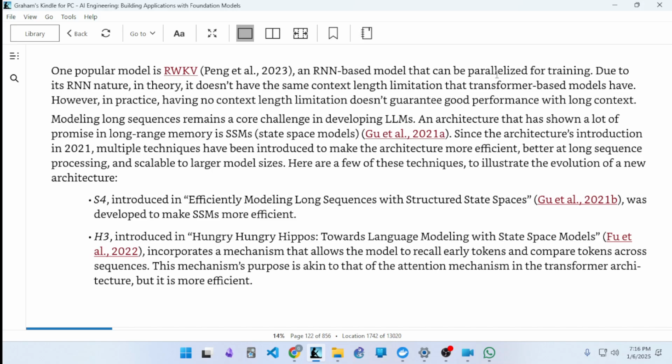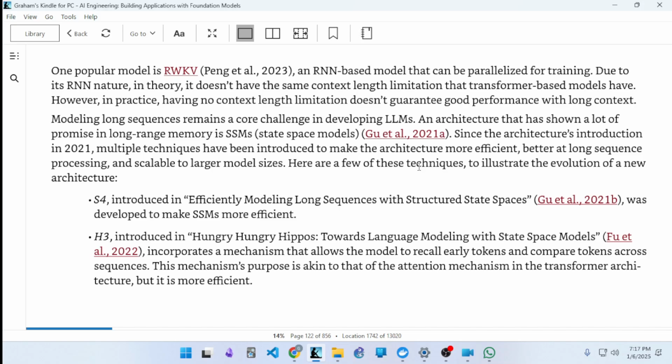An architecture that has shown a lot of promise in long-range memory is SSMs, state space models. Since the architecture's introduction in 2021, multiple techniques have been introduced to make the architecture more efficient, better at long sequence processing, and scalable to larger model sizes. Here are a few of these techniques to illustrate the evolution of a new architecture.